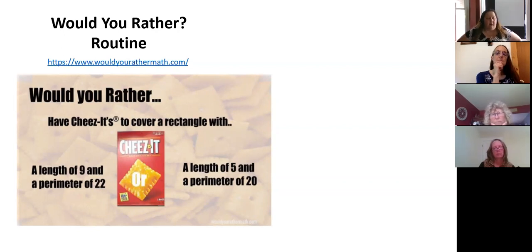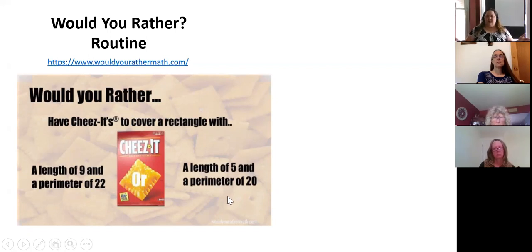So we can think about the length and the perimeter, and the areas of these would mean the number of Cheez-Its maybe that we have. If I had a 9 by 2, the area is 18 square Cheez-Its. And this one here, if it's a 5 by 5, the area would be 25 square Cheez-Its.